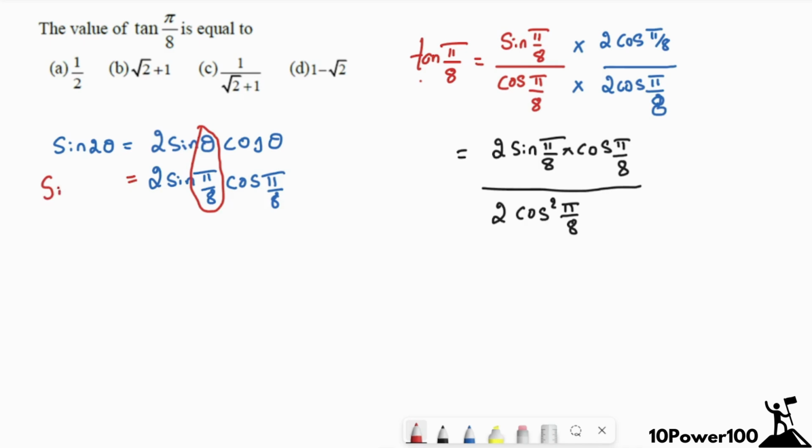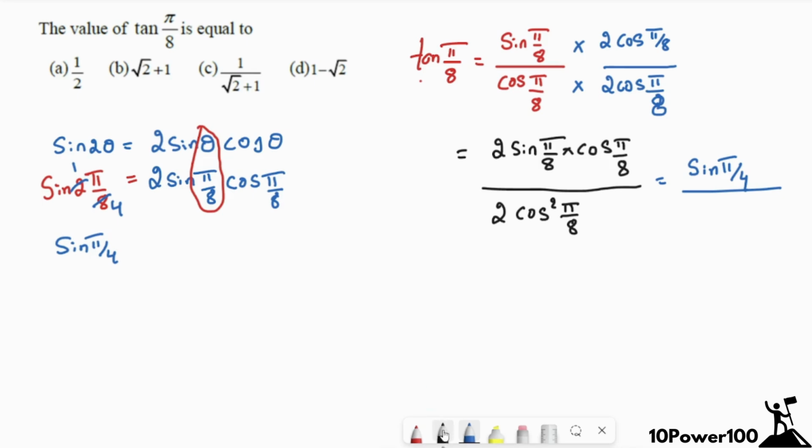That becomes sine 2 of pi by 8. 2 pi by 8 is nothing but pi by 4. So the left hand side becomes sine pi by 4. Okay, so our numerator becomes sine pi by 4.